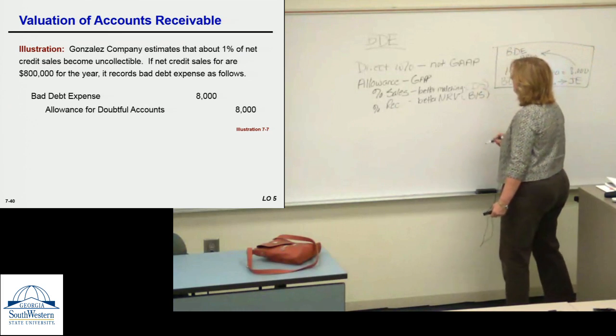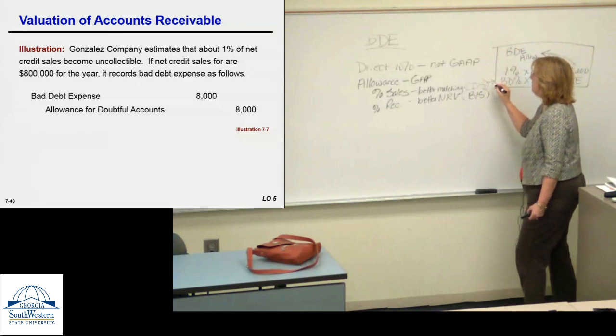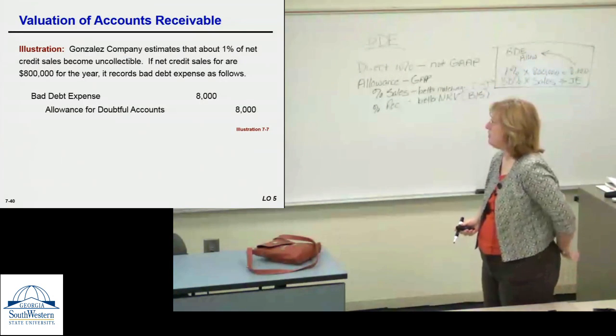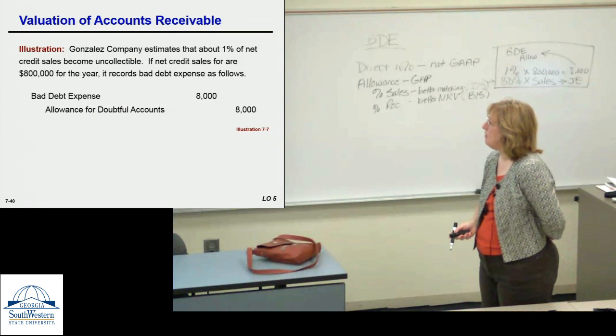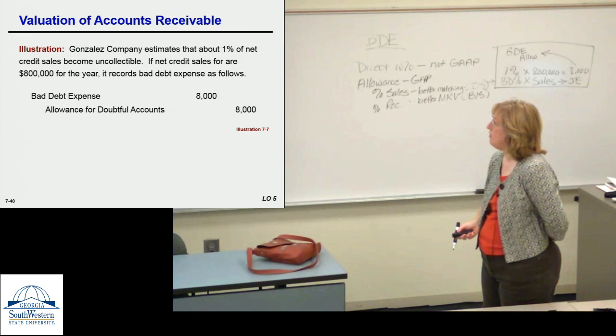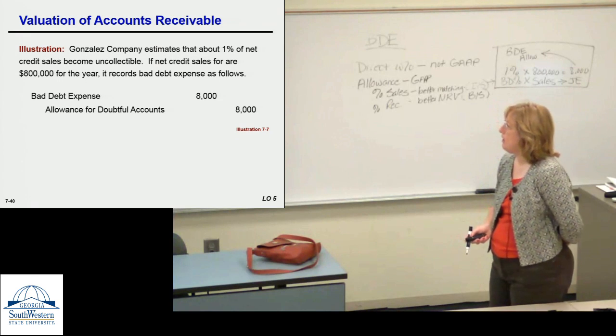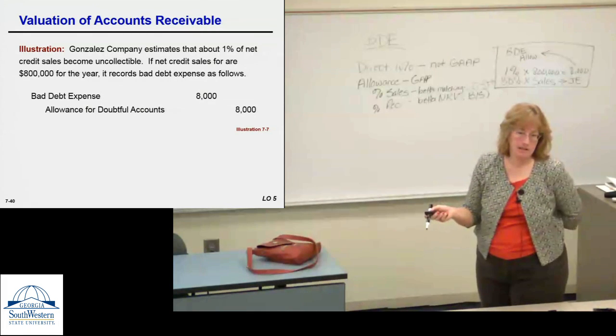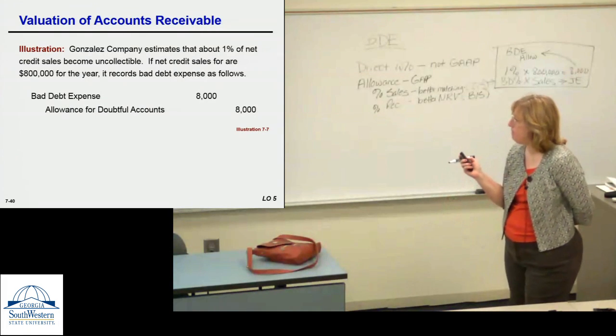Okay, so this is the percent of sales way to do things. This shows you that our allowance account has increased by 8,000, and our bad debt expense has increased by 8,000, right?